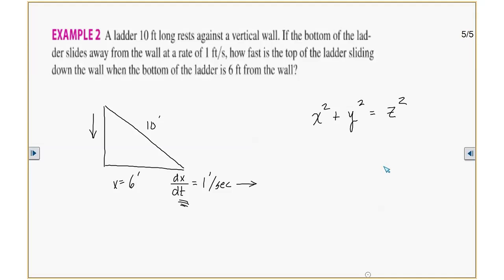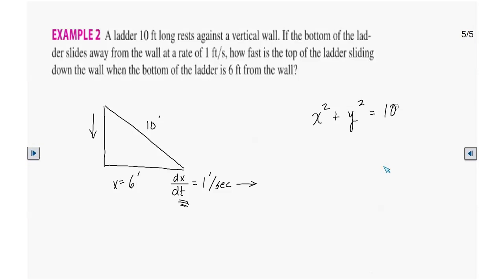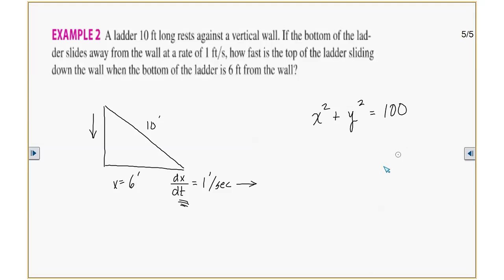What is z? 10, right? So that's equal to 100. Now take the derivative with respect to t of this function. And if you can't do it, just consider yourself a failure.